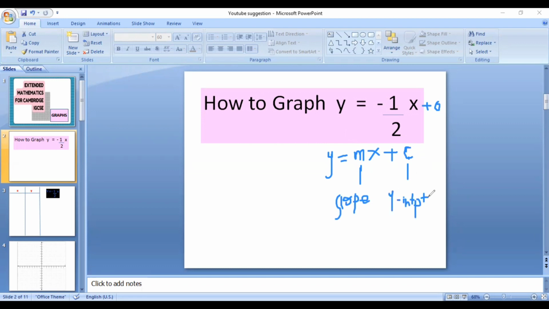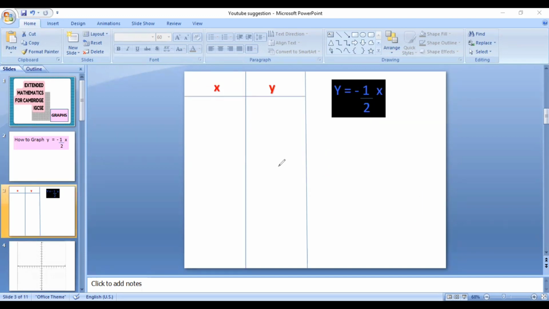So this equation is telling us our first point on the graph is 0. That is the y point. When the y-intercept in the equation is 0, x is always 0 for that point. Now for the further points, I'm going to plug in some values.